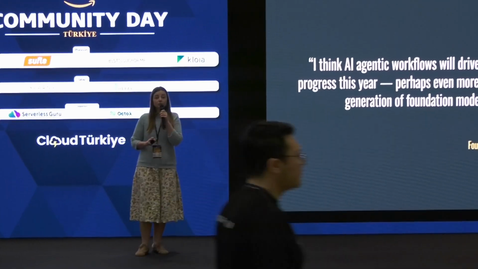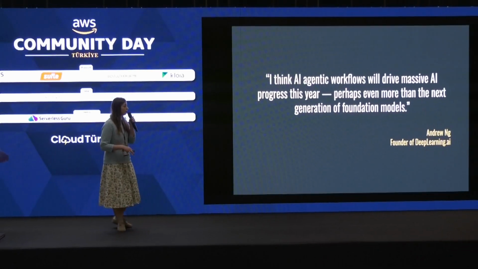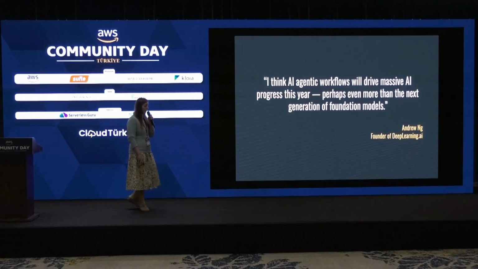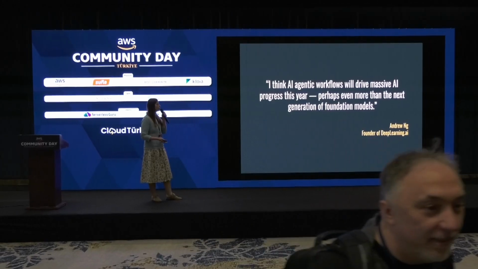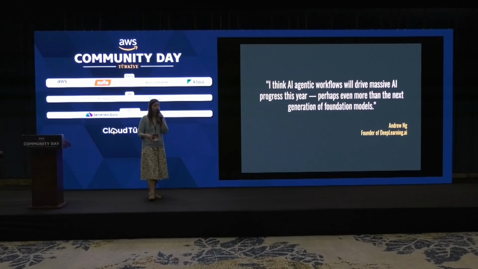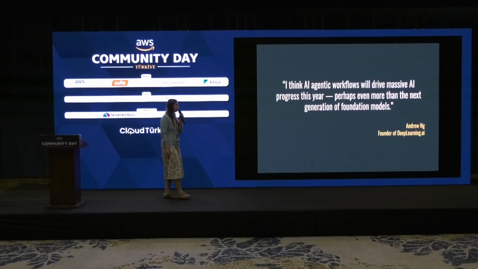I wanted to start with a quote from Andrew Ng, who is a founder of DeepLearning.AI. He said that he thinks AI agentic workflows will drive massive AI progress this year, perhaps even more than the next generation of foundation models.